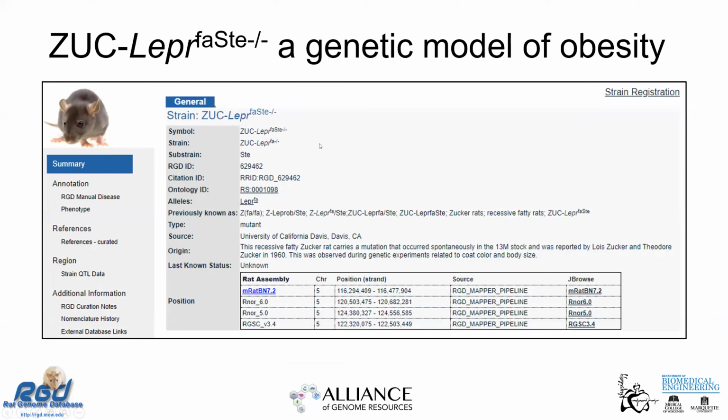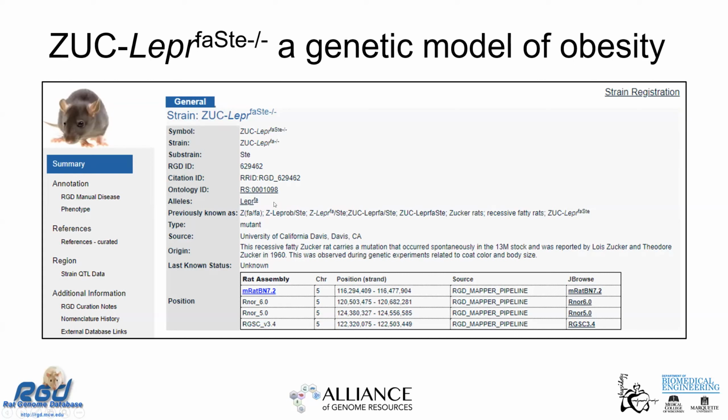This gives you a bunch of information about the strain, including, obviously, the strain symbol and the research identifier ID. We have an ontology of rat strains, basically rat strain derivation, so it gives you a link to that.